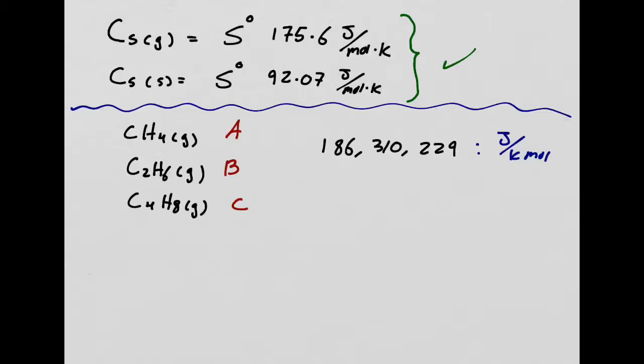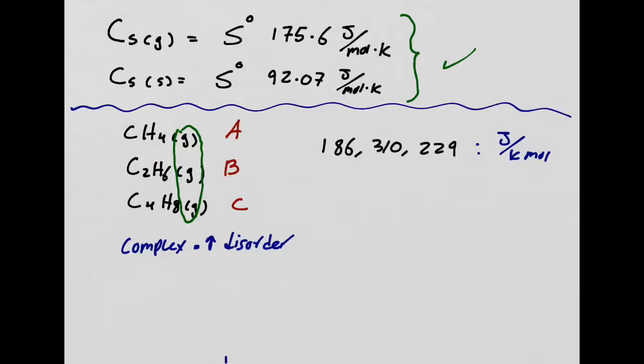So they're all gas, so they all are disordered because they're all gas. Now, what's happening as you go from methane to butane? You get more complex. Do you agree? As you go down A, B, C, you get more complex. When you're more complex, you are more disordered, because now you have more carbon, more hydrogen to deal with.